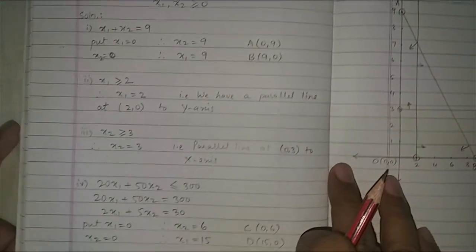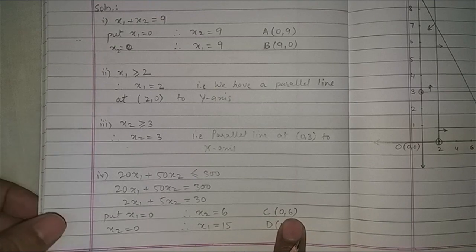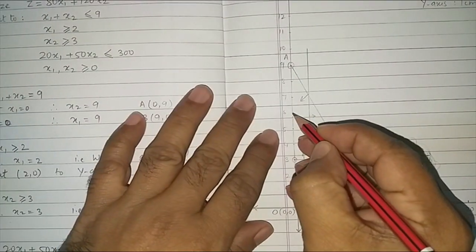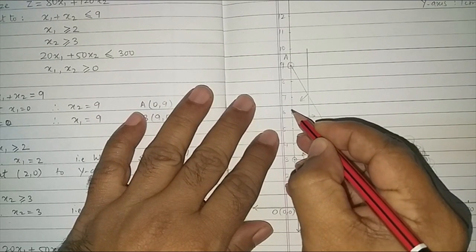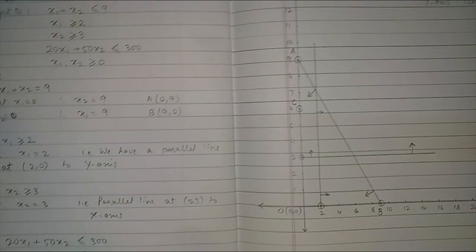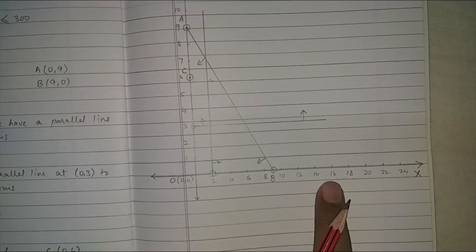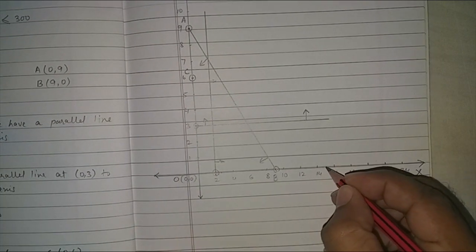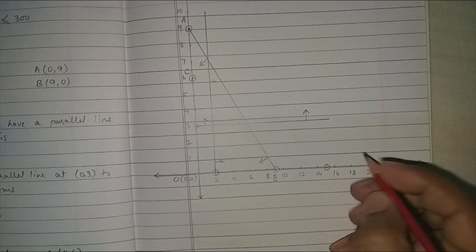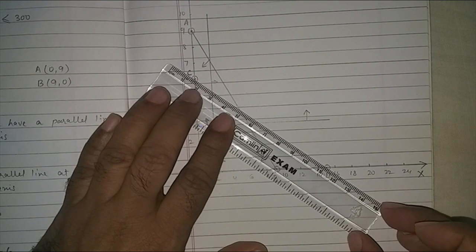My fourth line has 2 points, 0 comma 6, so 0, y is 6. So here it is. Let us call this point C, and D is 15 comma 0. Between 14 and 15, we have 16, I'll take this center point, call this D, and join these 2 points.